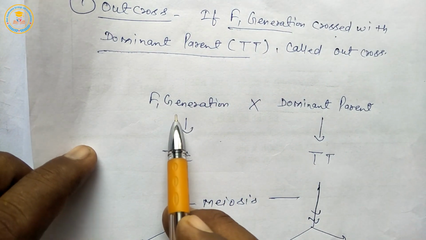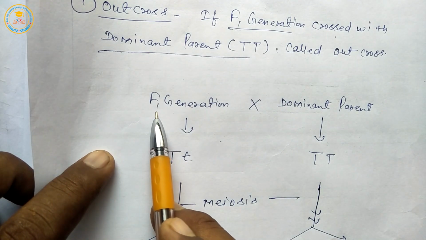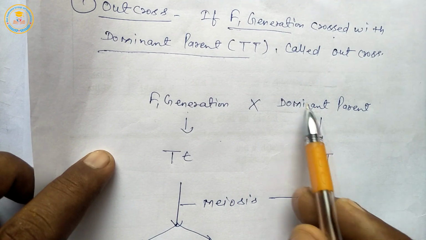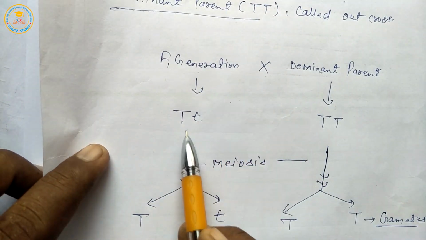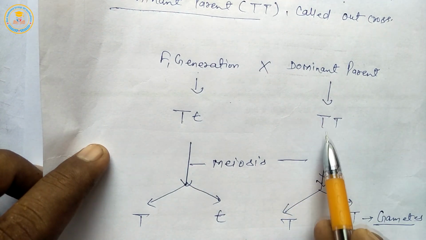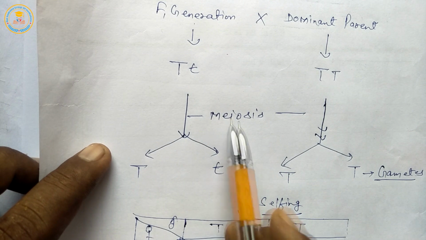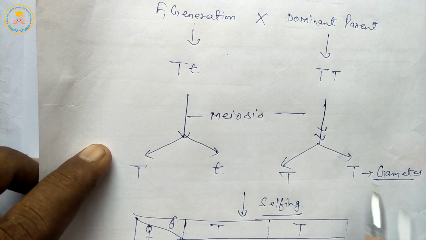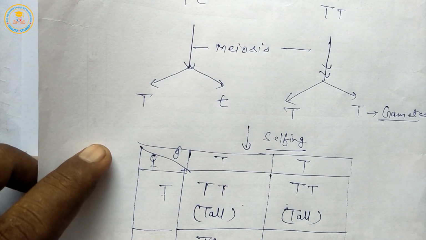So again, the linear figure or flow chart of outcross: F1 generation crossed with dominant parent. Next, F1 generation, it means capital T, small t, crossed with capital T, capital T. Next process, meiosis, and forms or develops gametes. Next is selfing and forms 4 specific plants.